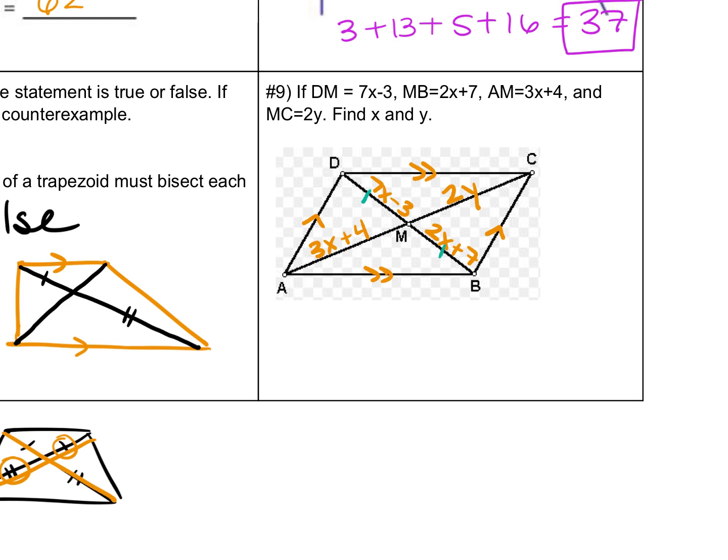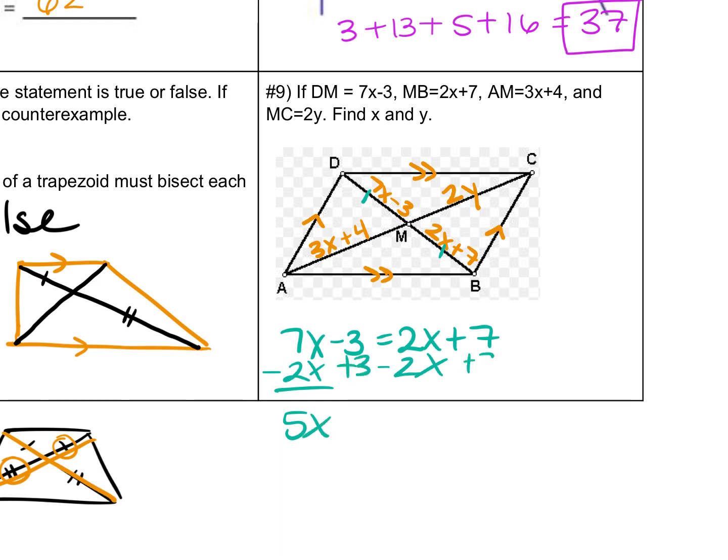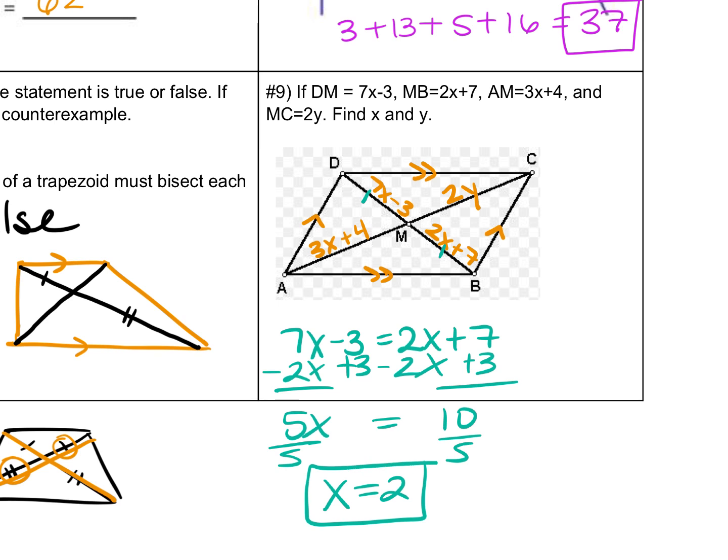They get bisected. So that means 7x minus 3 equals 2x plus 7. So then we can solve for x. Add the 3. So 5x equals 10. And then divide by 5. So x will be 2. How do you find y? You substitute the 2. That's going to go in here.